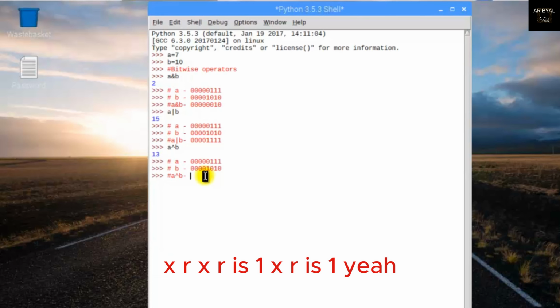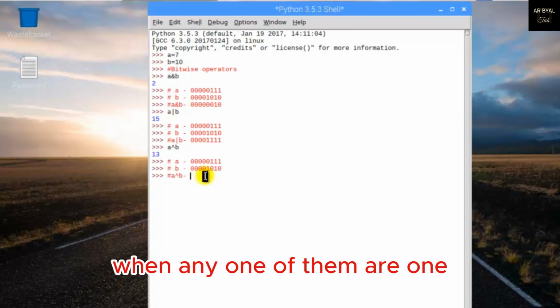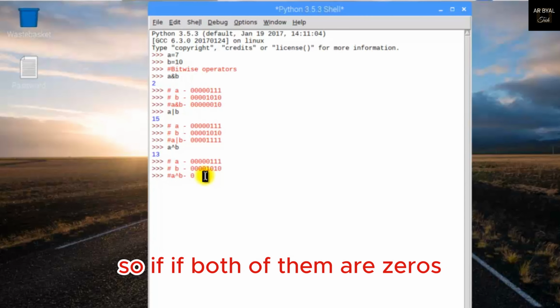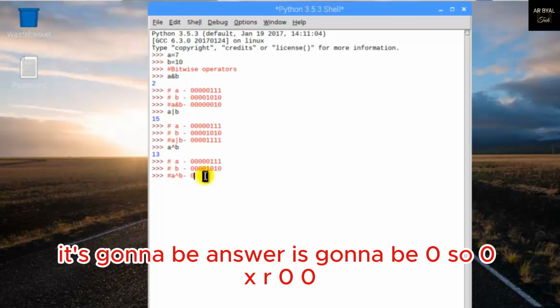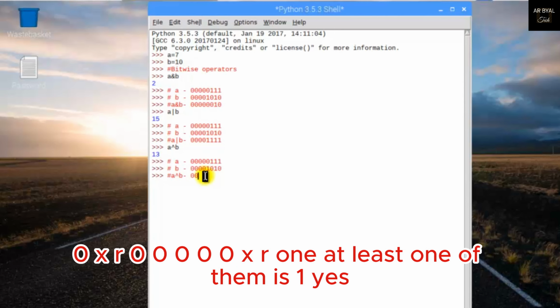XOR is 1 when any one of them is 1. So if both of them are zeros or if both of them are 1s, the answer is going to be 0. So 0 XOR 0 is 0, 0 XOR 0 is 0, 0, 0, 0 XOR 1.